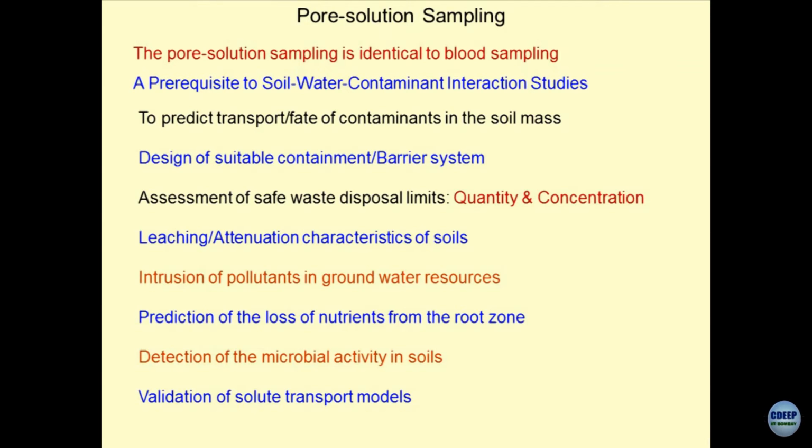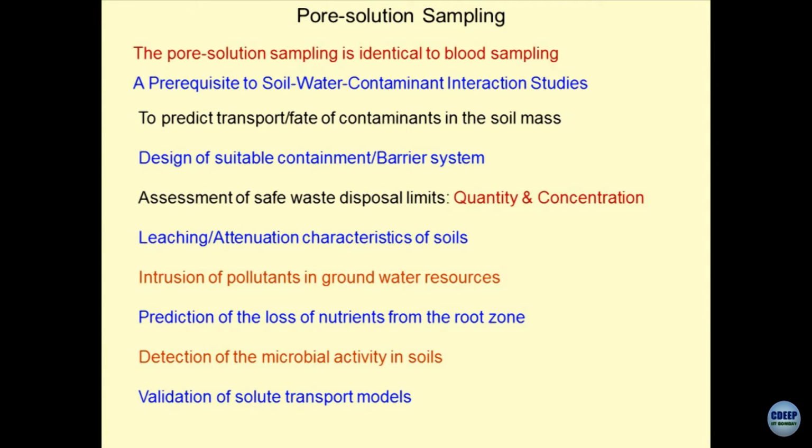This is another interesting area where some of us are working, and we supplement our knowledge with the agricultural scientists who do not have much practice of dealing with the porous media as such.